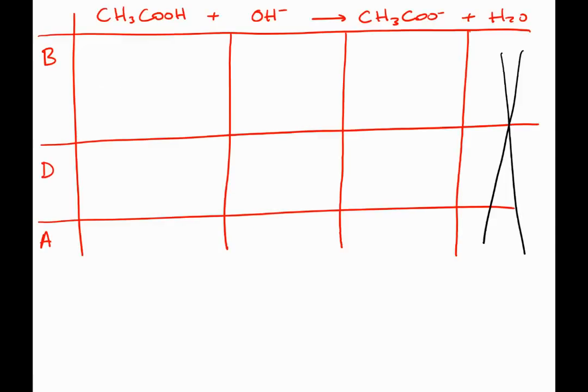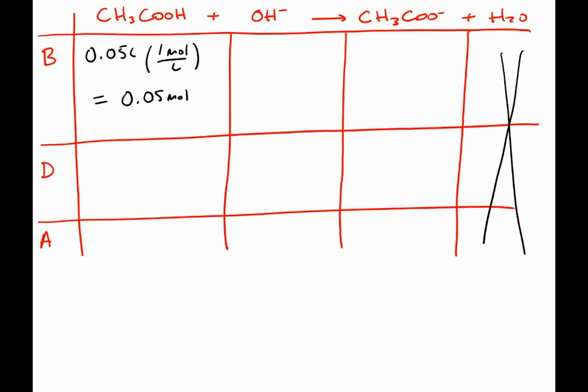Now remember that we must use moles in one of these tables, and so we have to multiply the molarity and volume to get moles for the acetic acid and for the hydroxide ion. The acetic acid came from the 50 milliliters of 1 molar acetic acid solution. The volume is 50 milliliters, or 0.05 liters, and it's 1 molar acetic acid, so times 1 mole per liter, 0.05 moles of acetic acid.